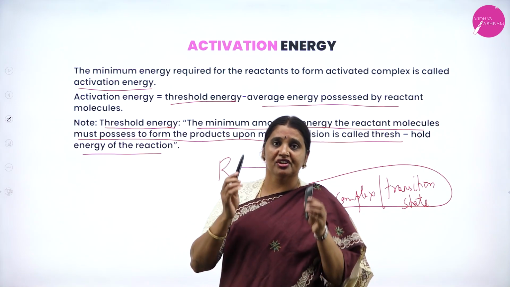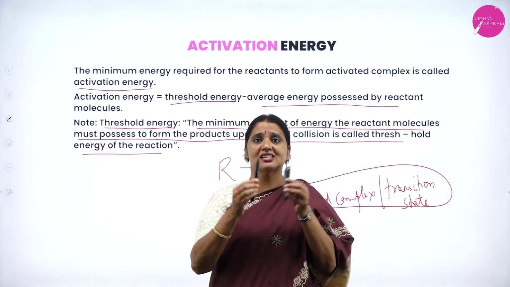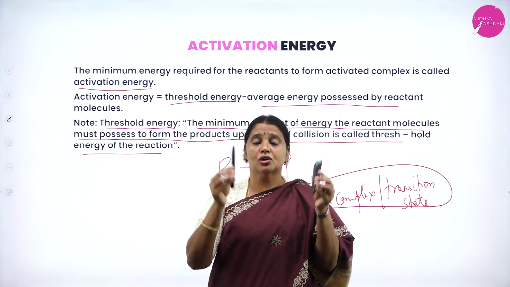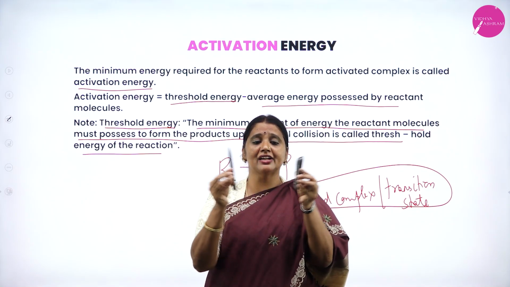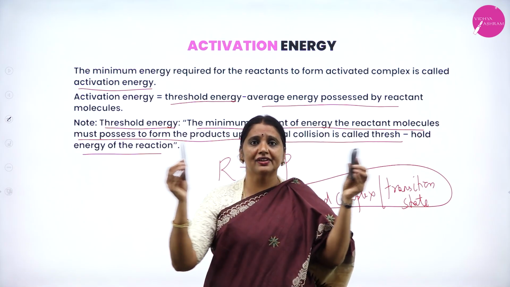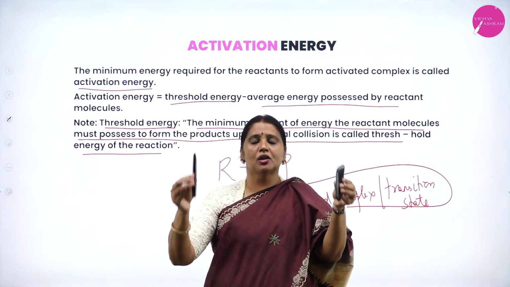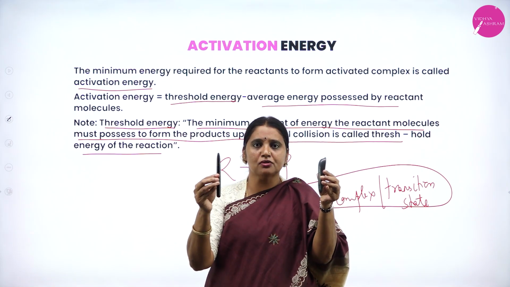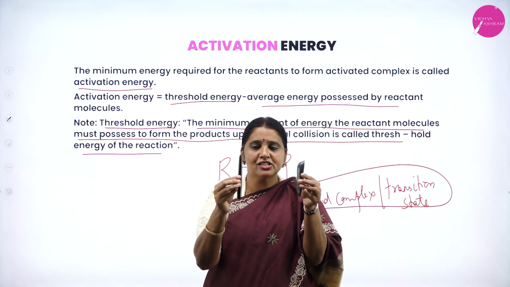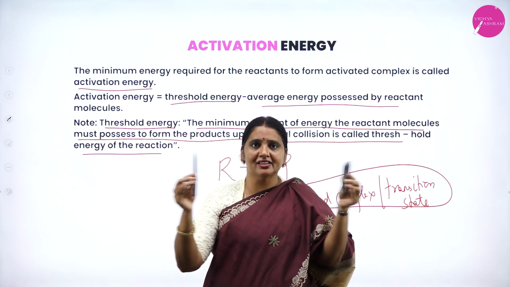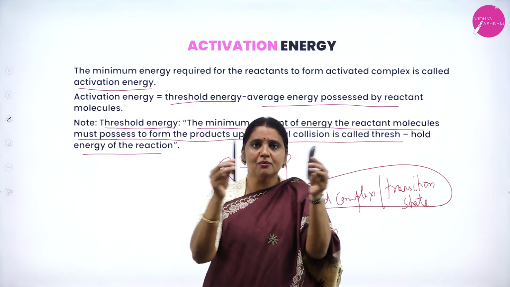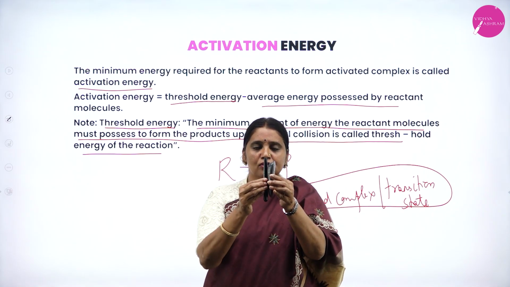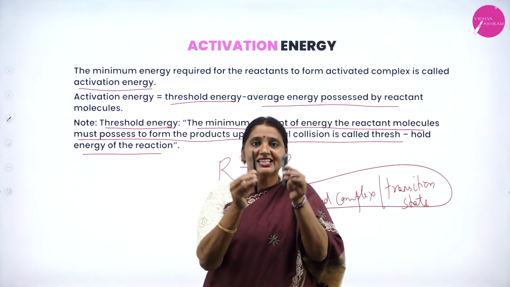For example, if you consider these two are reactants, they must react with each other. The molecules of these reactants must collide with each other. See, these are the molecules of two reactants; they come closer as well as collide with each other. I am applying a minimum amount of energy to bring them close so that they collide with each other.